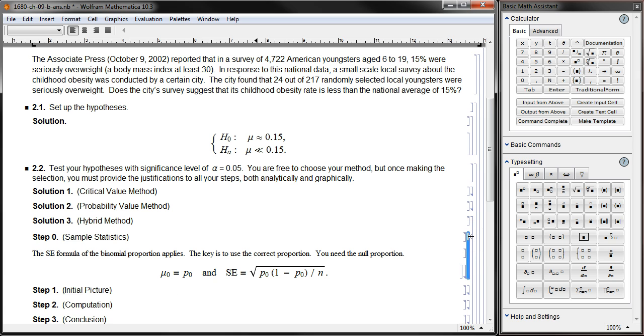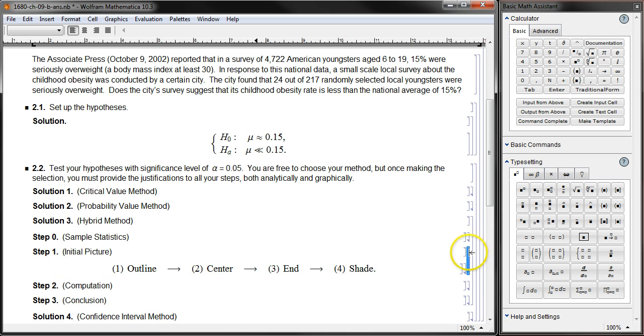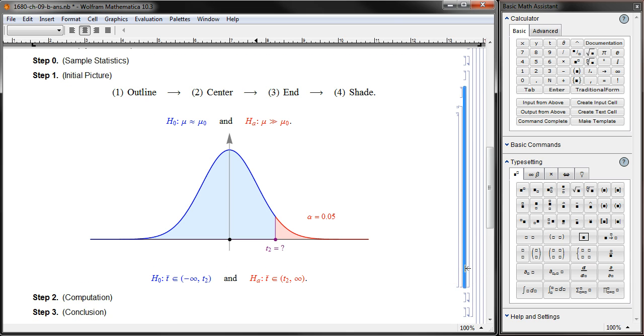Sample statistics, well, the same. Initial picture, the same as the critical value approach, except that we're using a z measure. So this is not a critical value, this is not 15% or null, but this is 0 and this is just a z-score. And as a matter of fact, excuse me, I didn't draw this picture correctly. Let me go ahead and correct this picture.